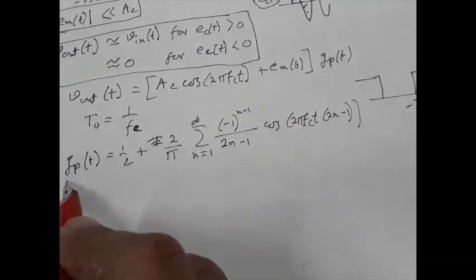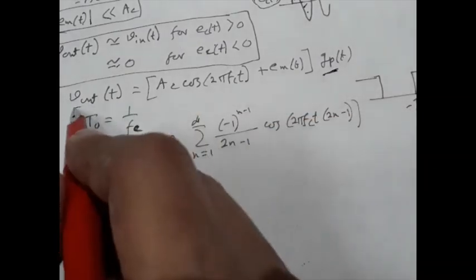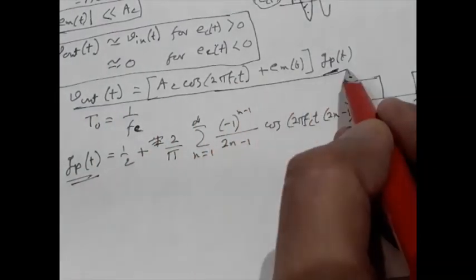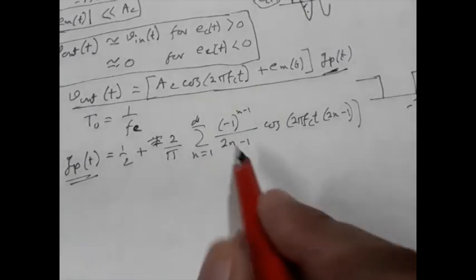If we substitute this g(t) in this equation, we can get the output voltage, and we can see that this output voltage consists of the sum of two components.